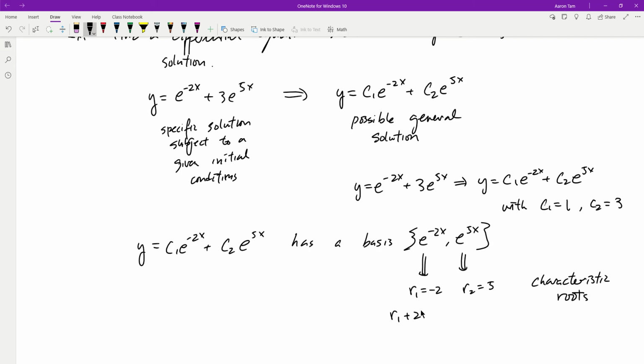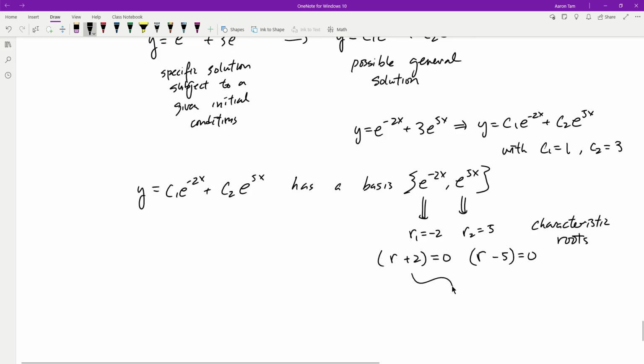Okay, so what are the two characteristic roots? I'm going to call r1 equal to negative 2 and r2 equal to 5. And therefore that indicates r plus 2 would have to equal 0, and r minus 5 would have to equal 0.